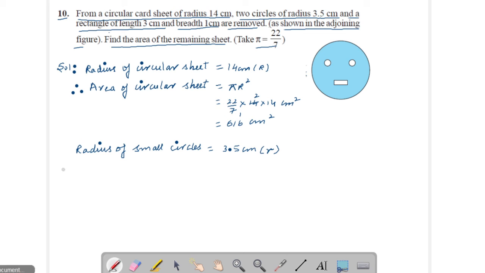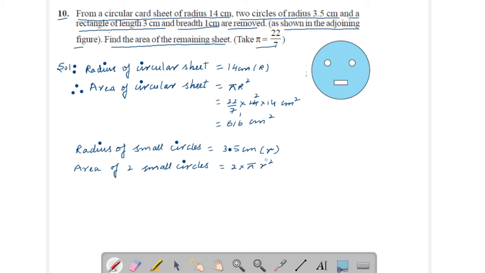Therefore area of small circles, area of two small circles, it is 2 into pi r square, because area of circle is pi r square and there are two circles, therefore we have multiplied it by 2.